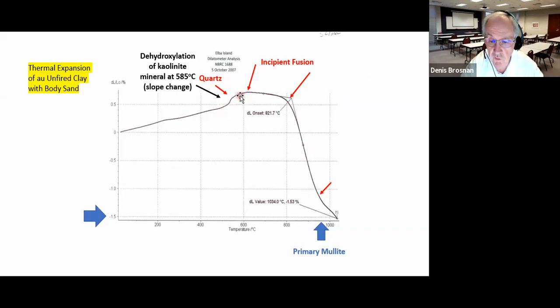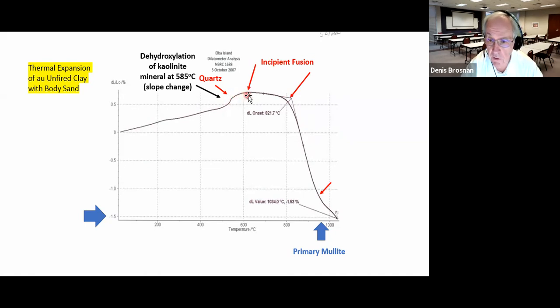And so we have two things going on: the endothermic decomposition of the kaolin and the alpha to beta quartz transformation. Now, generally, this quartz transformation doesn't give us too many problems on heating in the kiln when we're firing the ceramic, but it certainly can give us problems on cooling.